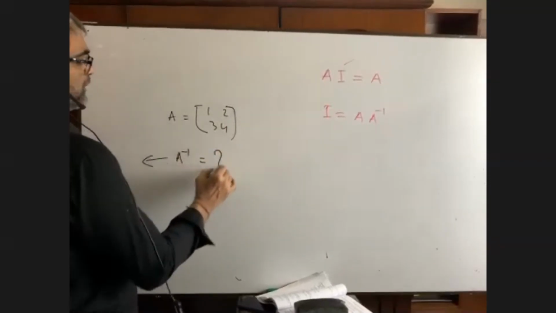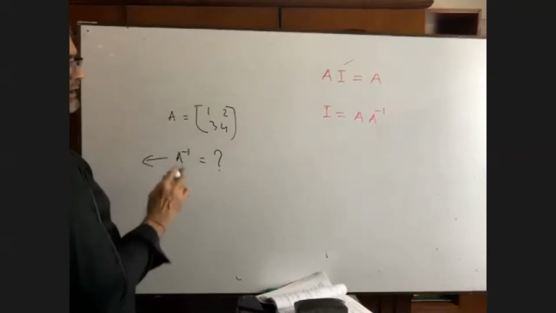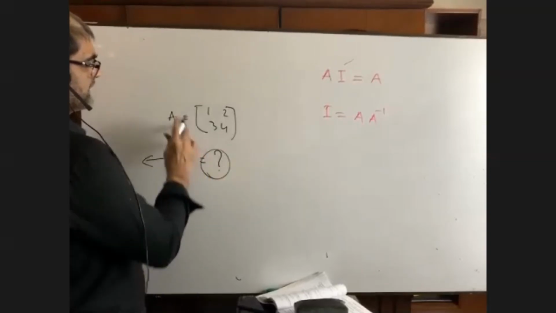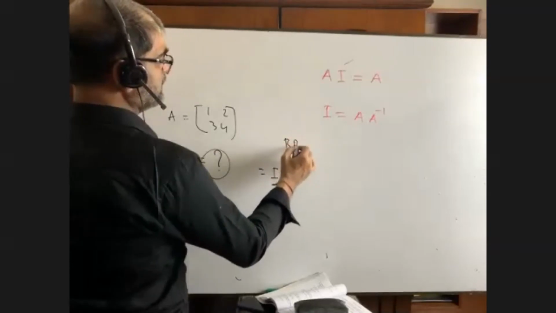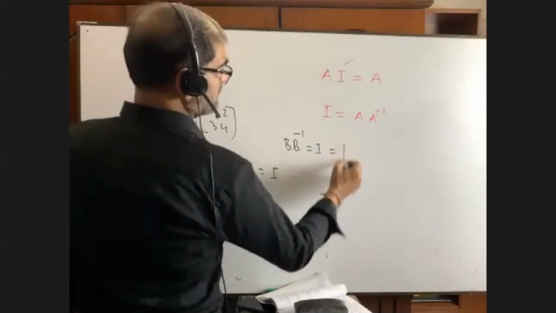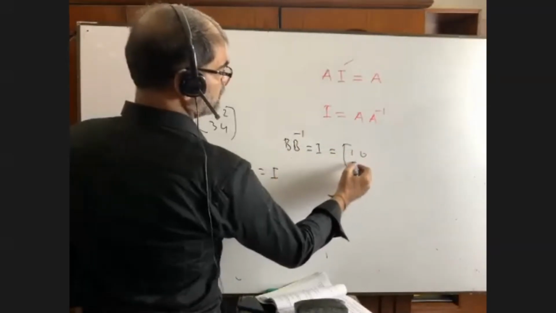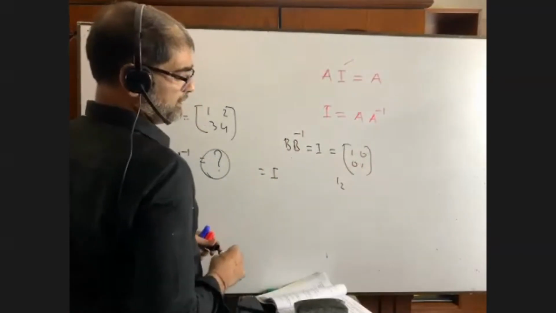Suppose we will get A inverse. And if we multiply this A inverse and A, then the result will always be I. I means what? If it is 2 by 2, it will be 1, 0, 0, 1. Suppose if it is I2, then it will be like that.